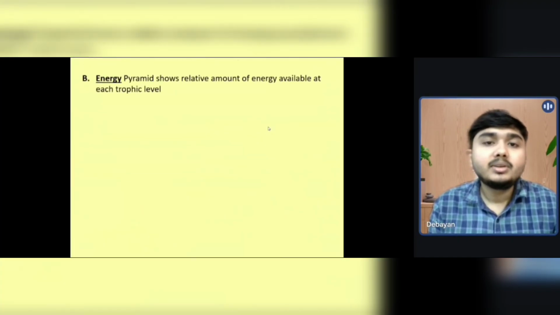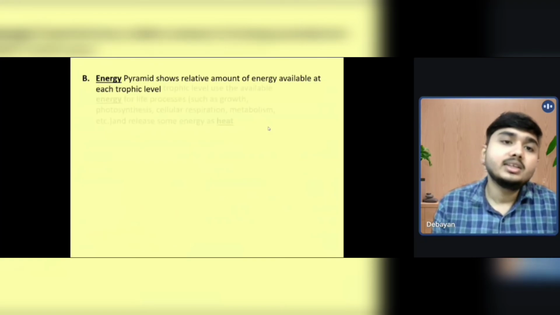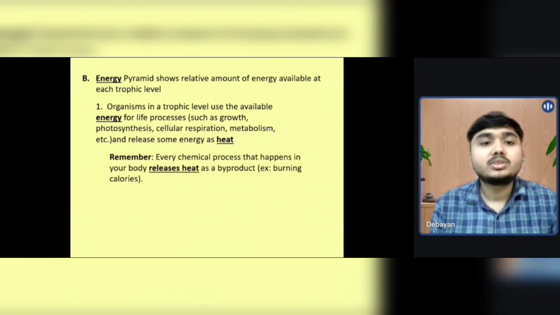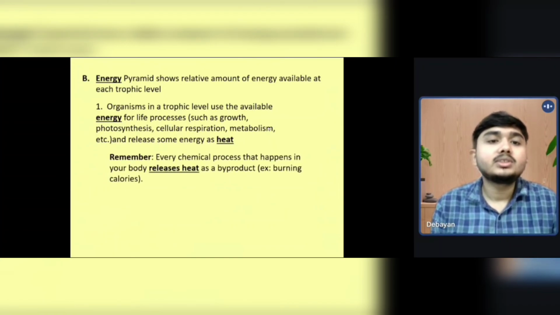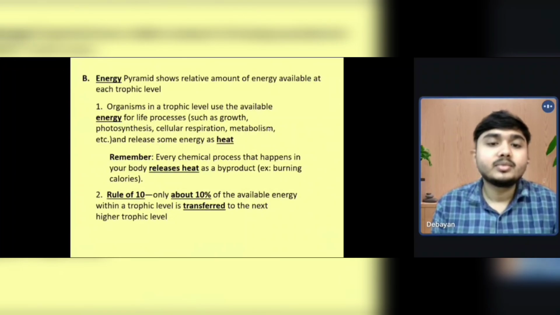So the energy pyramid shows the relative amount of energy available at each trophic level. Organisms in a trophic level use available energy for life processes, photosynthesis, cellular respiration, etc. Here is a rule called the 10% rule that I discussed in the previous slide. This is called Lindemann's law.